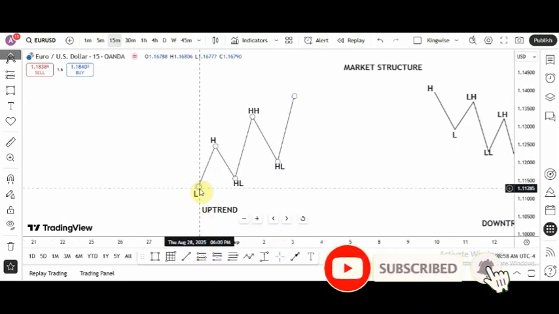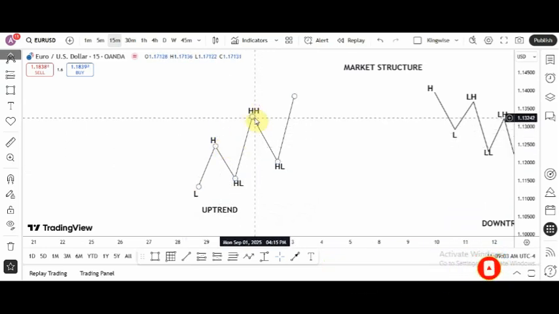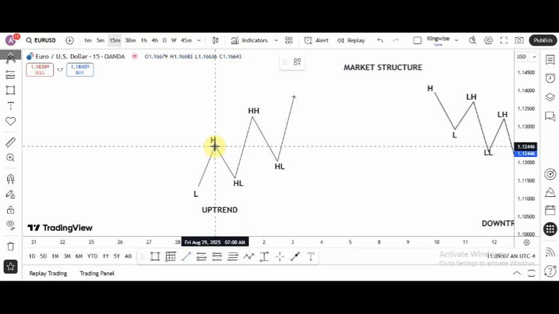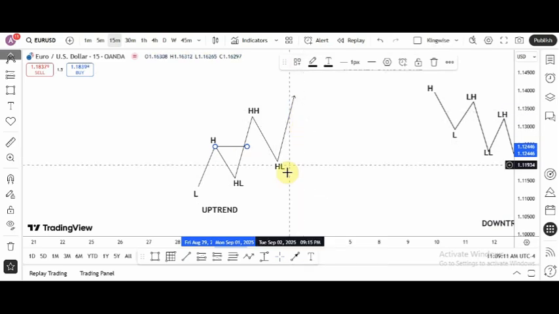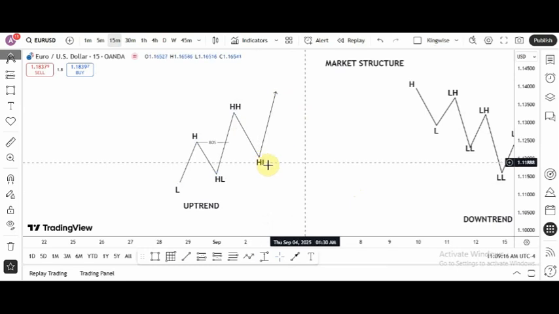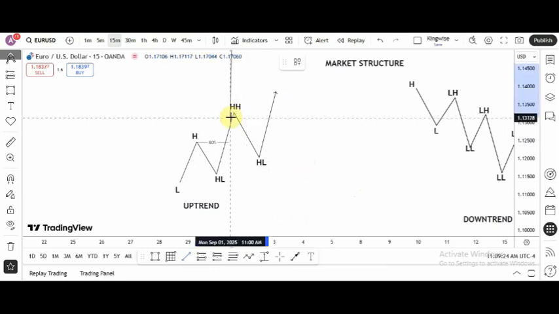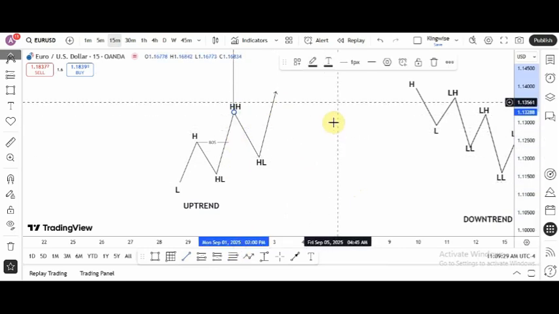Now, when a high is broken to form a new high, we call this a break of structure, or BOS. So when that occurs, market retraces back, and then what happens again? It will break the structure again.